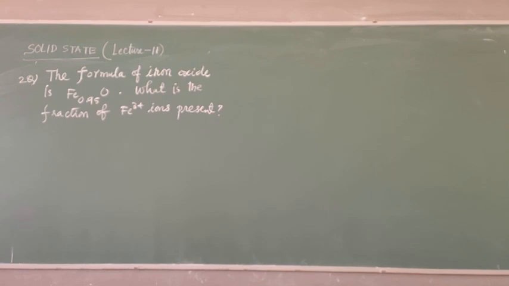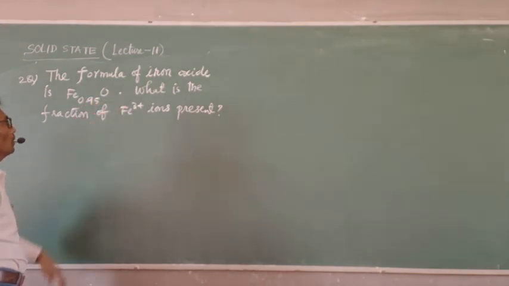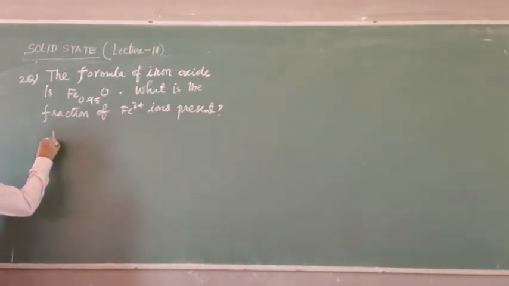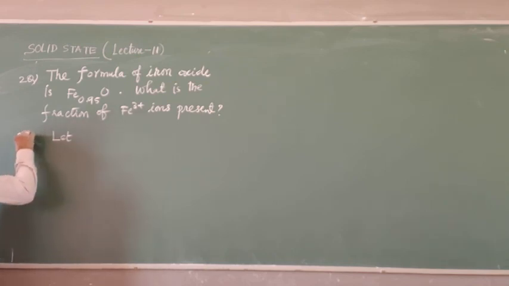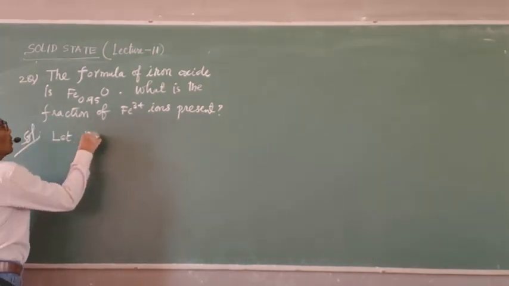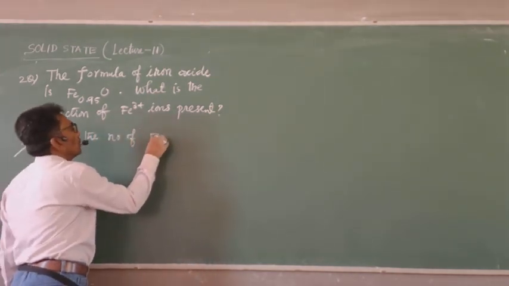The formula of iron oxide is Fe 0.95 oxygen 1. What is the fraction of Fe3+ ions present in this compound? Let the number of Fe3+ present be x.